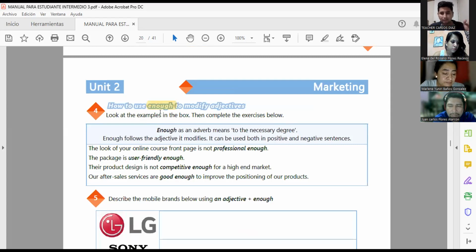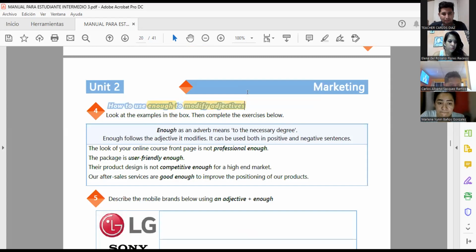But in this case, we are going to use enough to modify what? Adjectives. To modify adjectives.